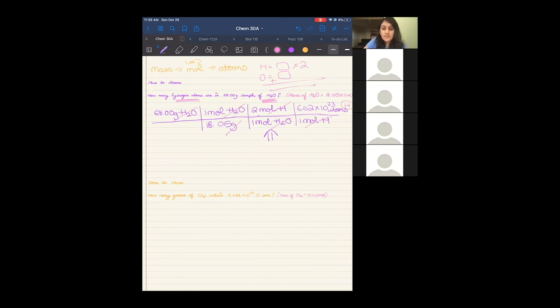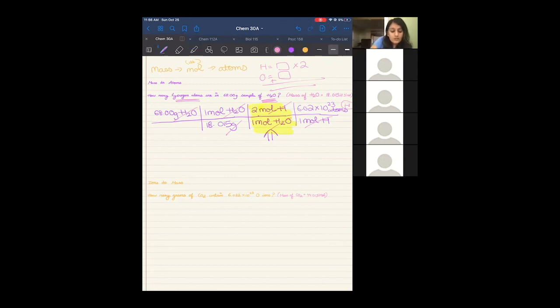Before we get into calculation, does everybody get how I set up this whole thing? Because we do have an extra step, which is this one. This is new for us.